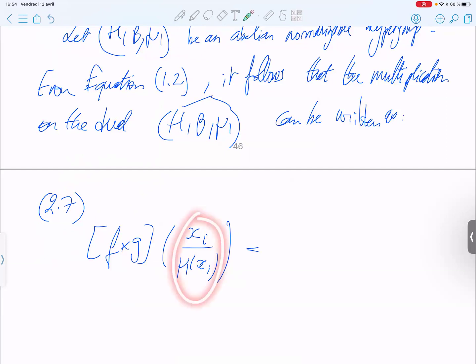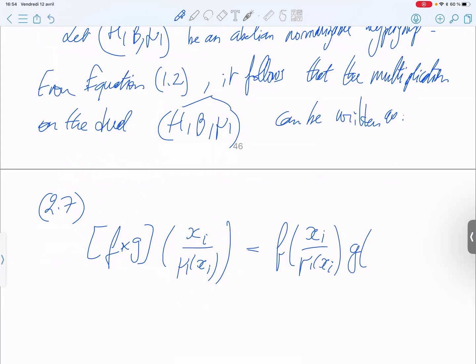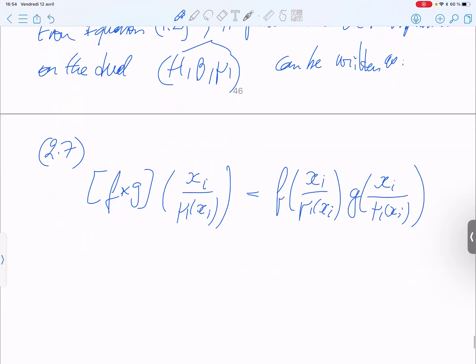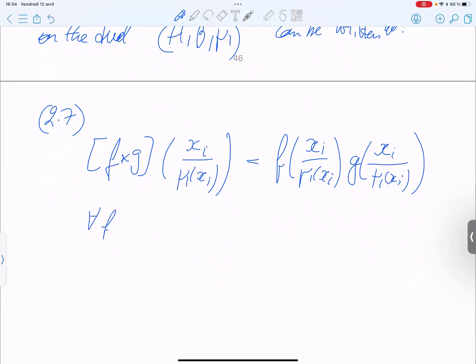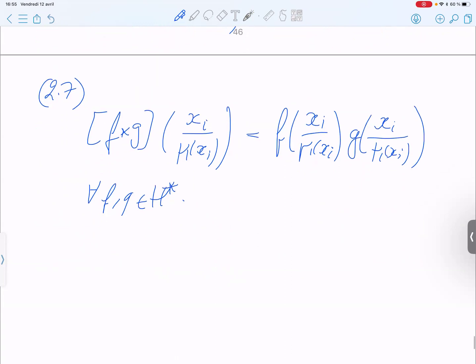So you apply the same formula, but you put here the normalized basis: f of xi over mu1 xi times g of xi divided by mu1 xi, for all f, g in the dual. Okay. And so trivial.